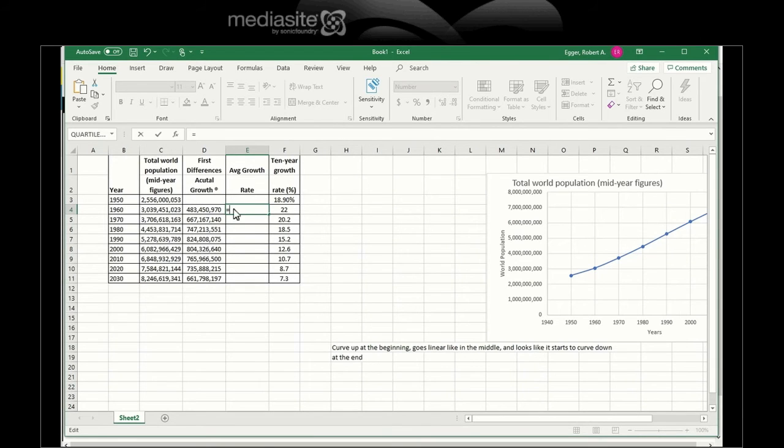So average growth rate is going to be what the difference was. The difference between 60 and 50 divided by what are we comparing it to, the previous decade. Zero.